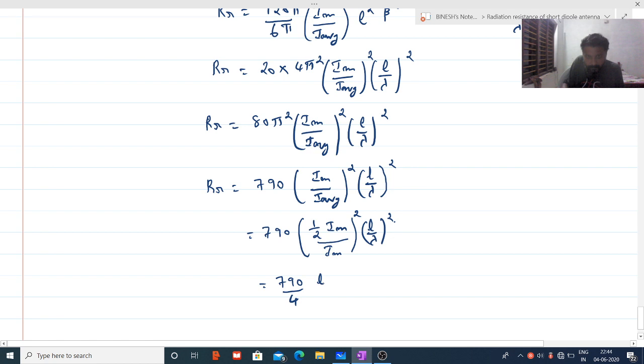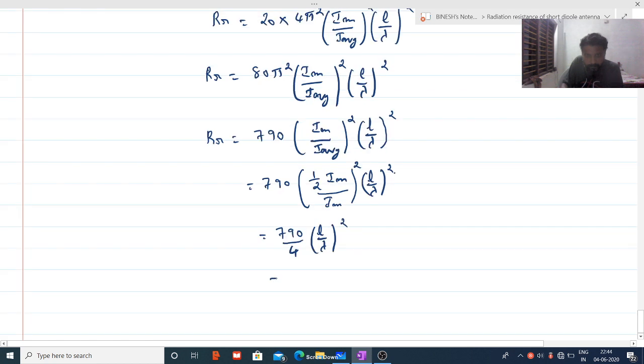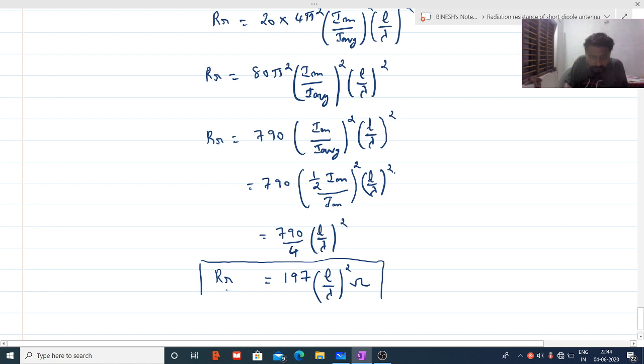So the radiation resistance will be equal to 197 into L by lambda the whole square ohm. That is the radiation resistance.